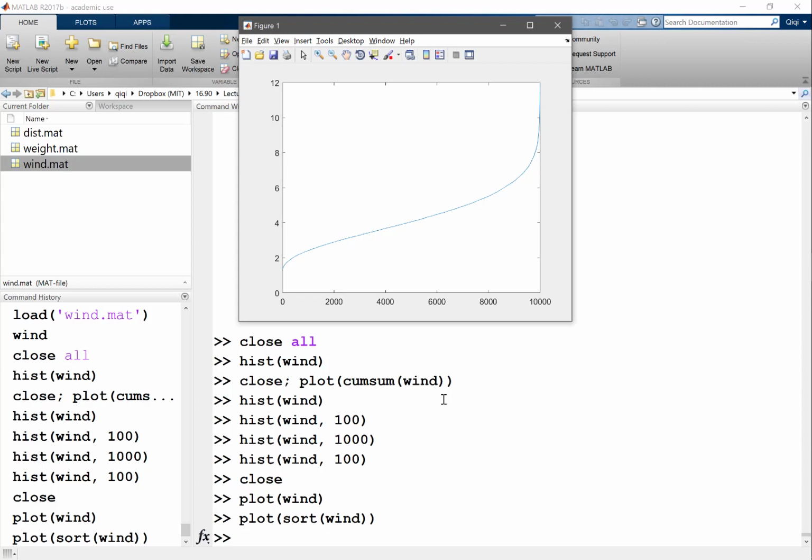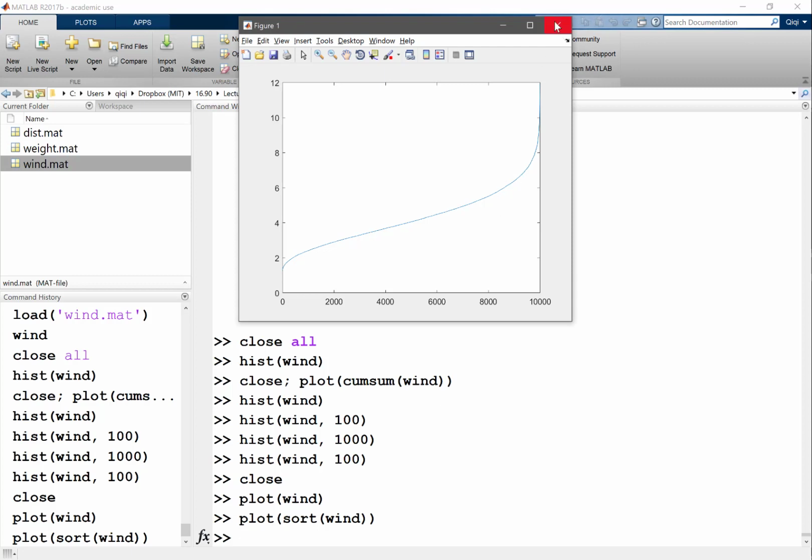If you want to figure out what is the 95th percentile of the wind, just look at about 95%. If you want to figure out what is the tolerance of my quadcopter, if I want to be able to fly for 99% of the time, what you do is just sort the data and take a look at what is the 95th or 99th percentile of the data after you sort it.